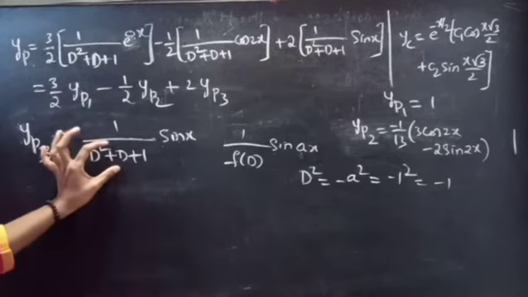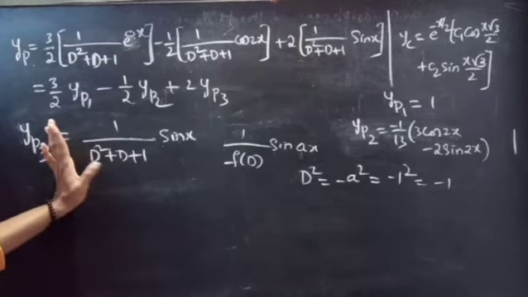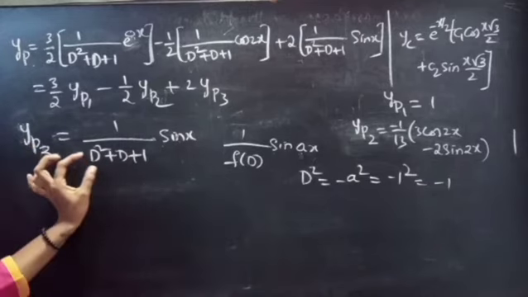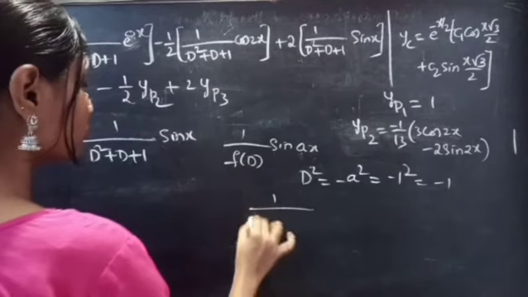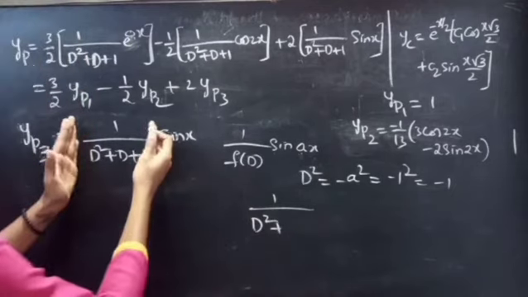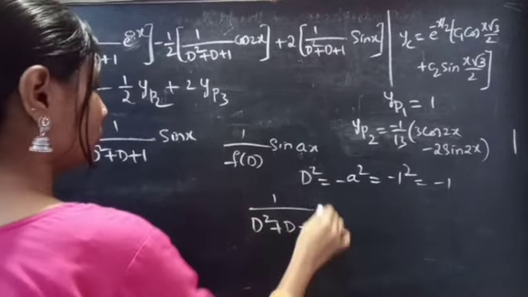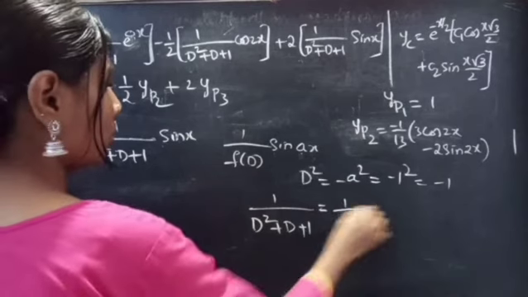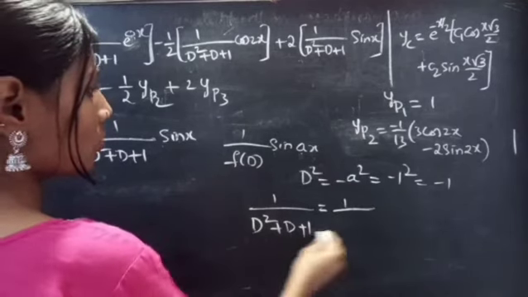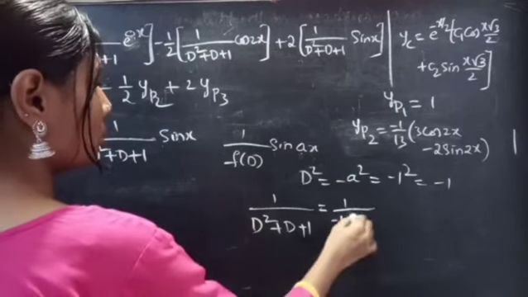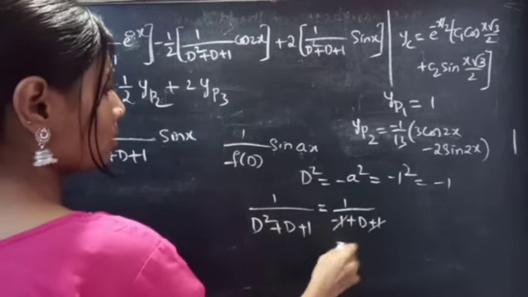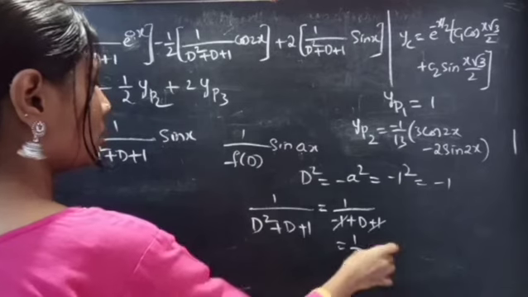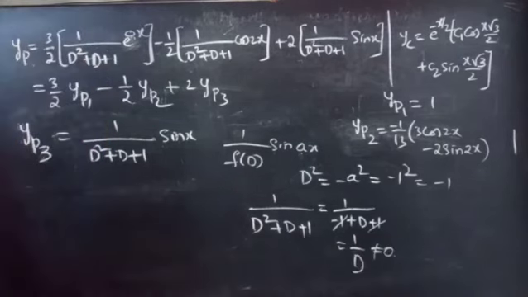Always remember, the denominator must be non-zero, right? Now let's see what happens if we replace d square by minus 1 in the denominator. I'll just take the total fraction here to show you. 1 by d square can be replaced by minus 1 plus d plus 1. Here minus 1 plus 1 gets cancelled and you get 1 by d, which is non-zero.